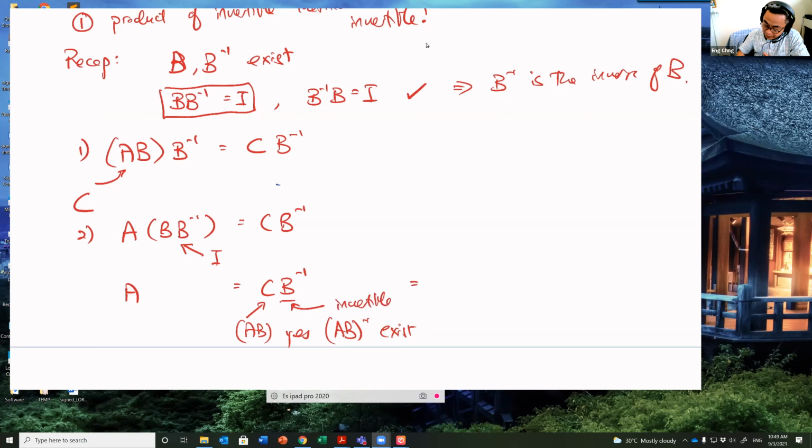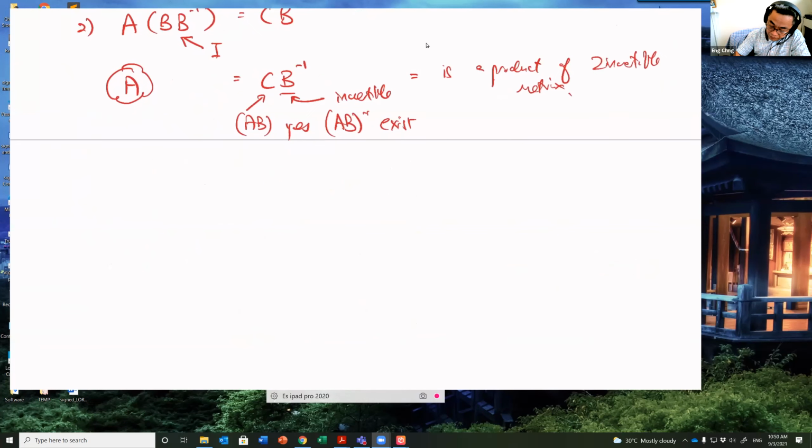So we have reached the point. We found out that A is a product of two invertible matrices. And then we are going to apply the theorem: the product of invertible matrices is invertible. And if this is true, then A is invertible. So how do we prove this?